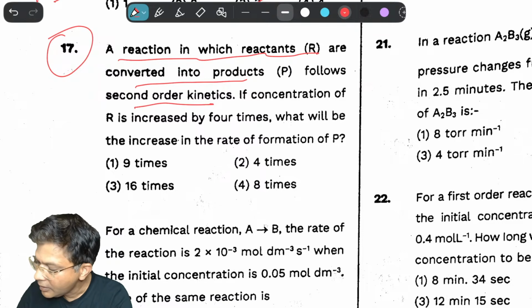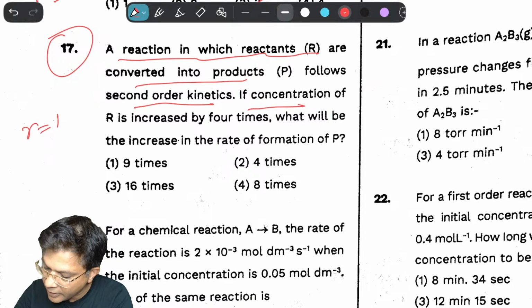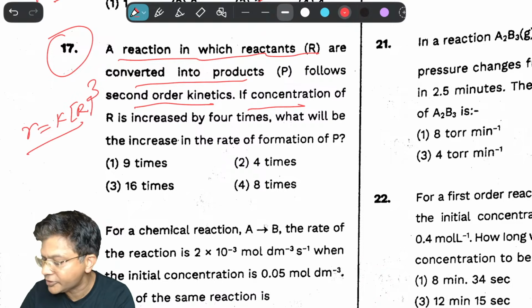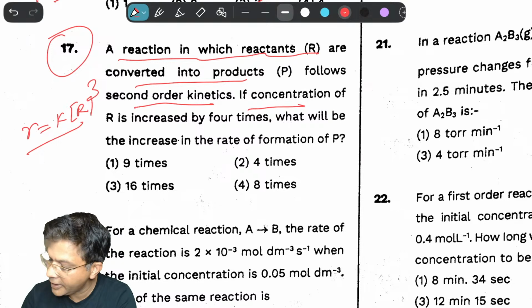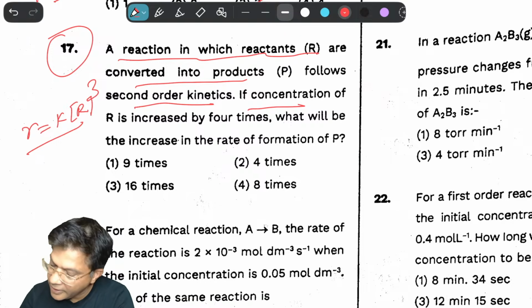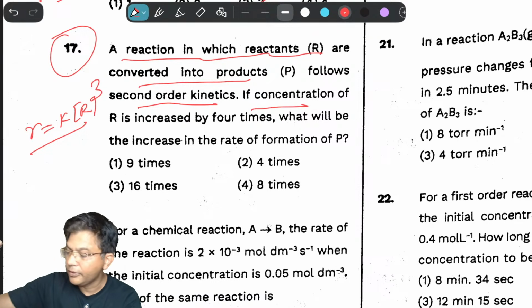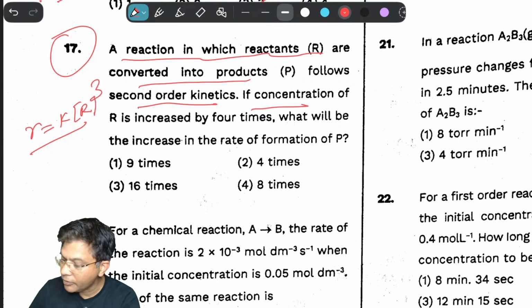If it follows second order kinetics, can I write rate is equal to K, and with respect to reactant the power is 2? This is the law of mass action, and the order is experimentally determined. Now if the concentration of R is increased 4 times, then 4 into 4, what should I say? Oh, I have written this wrong.